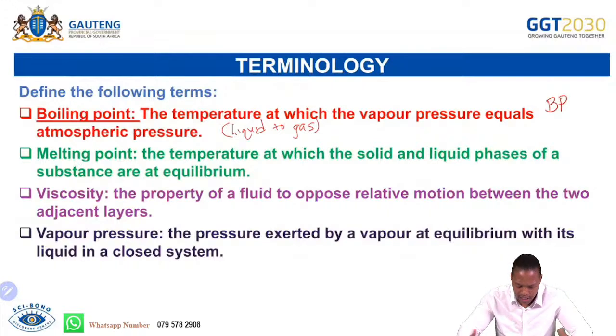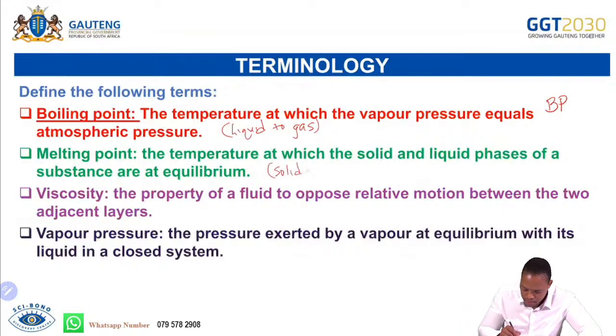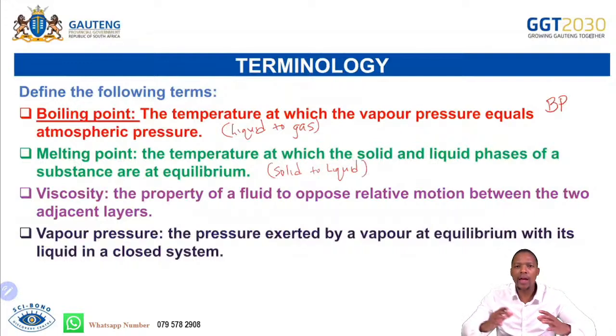Melting point is the temperature at which the solid and liquid phases of a substance are at equilibrium. Again, think of something melting. What's happening when something is melting? That's when something changes from solid to liquid. Just think of them in general.